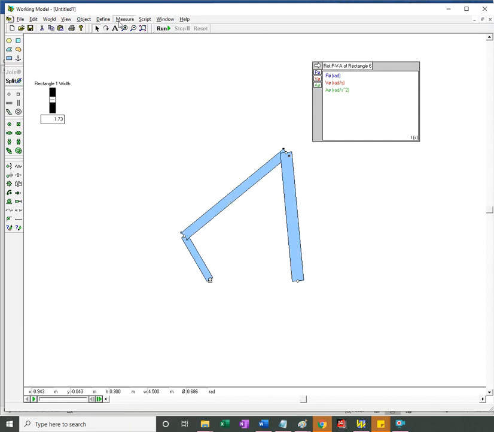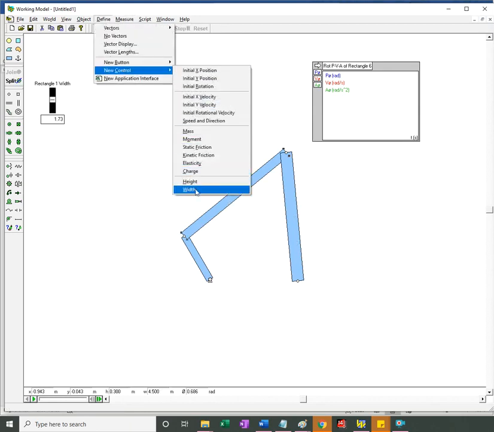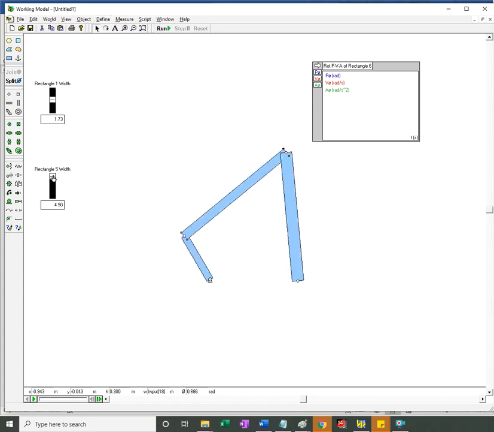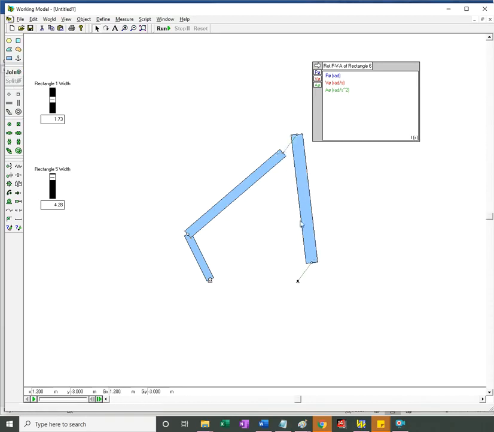And I could do the same. I can define a control and increase the width. Okay, and including for the ground link, I can define a control and its offset. Okay, X and Y offset.